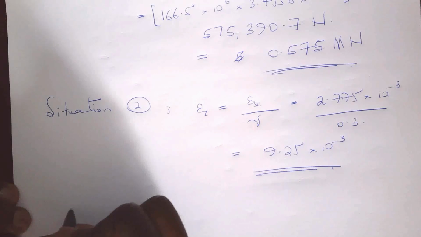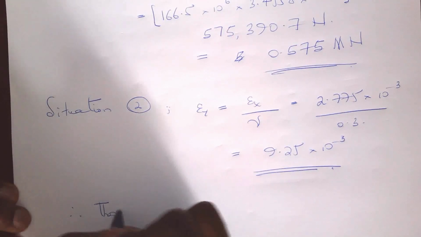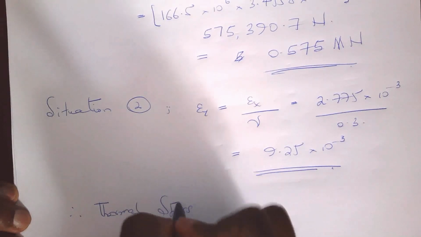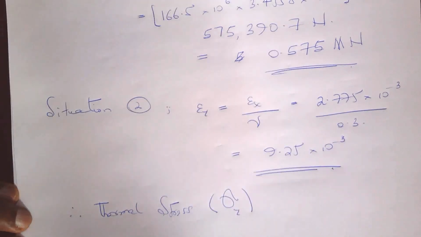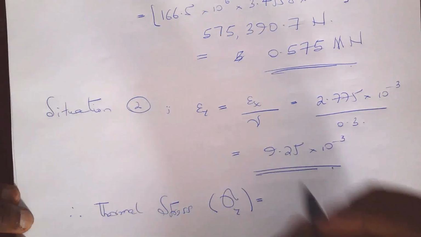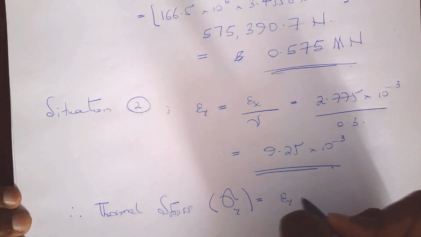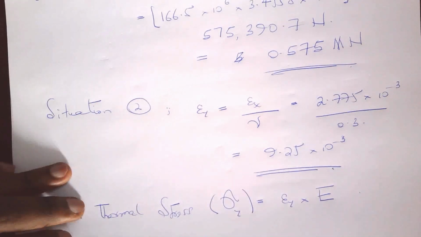So therefore, the thermal stress, let's call that sigma y, will be equal to epsilon y times the Young's modulus.